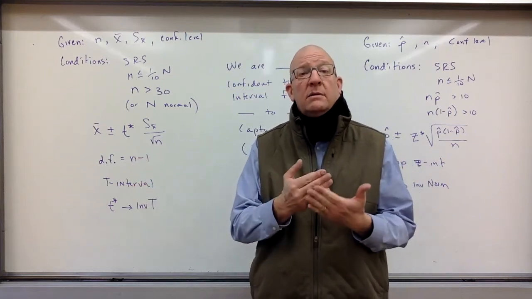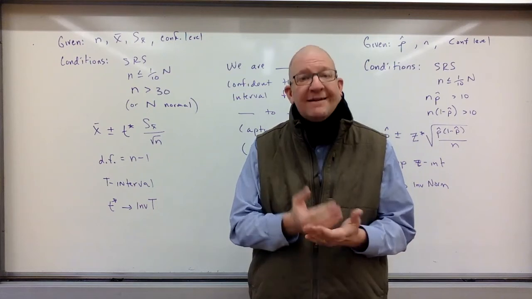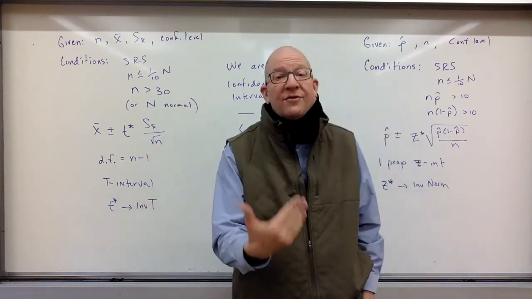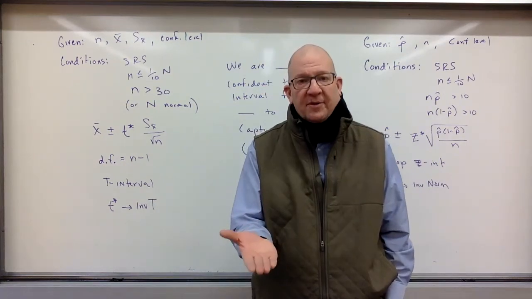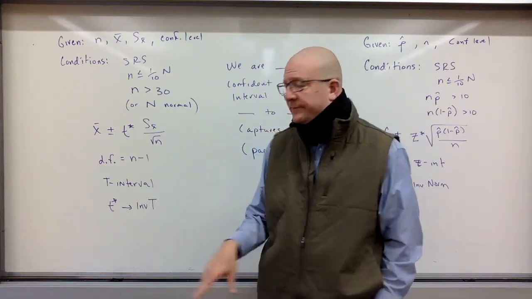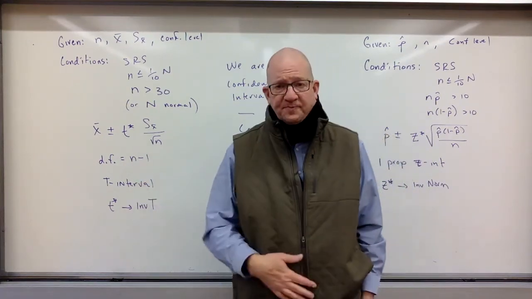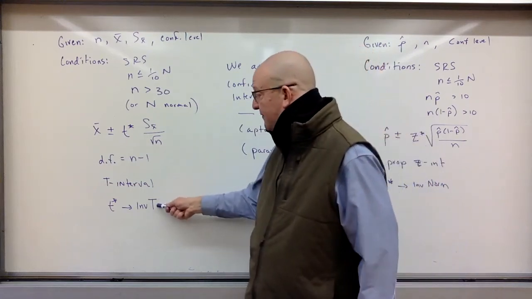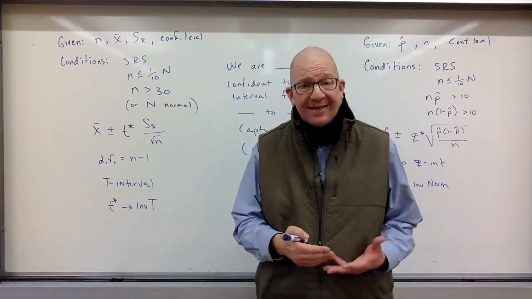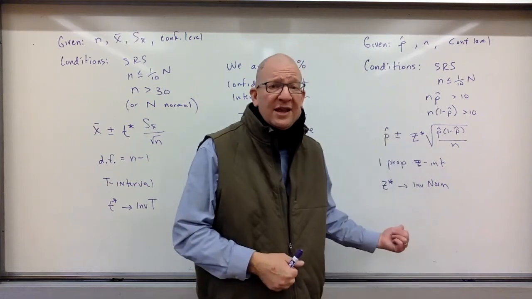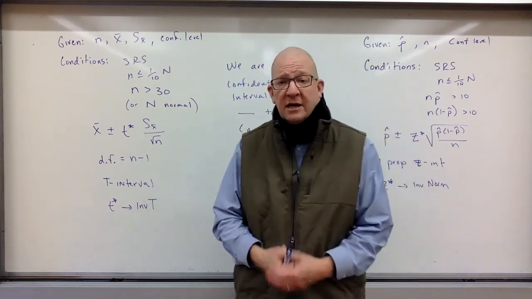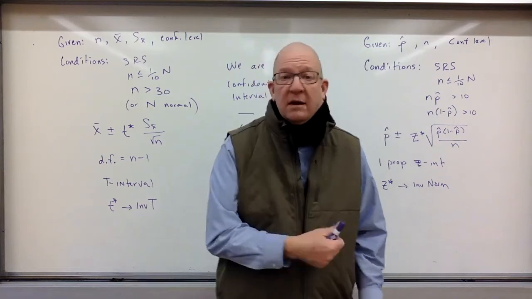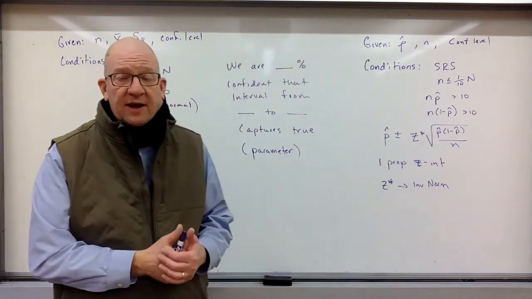We use the confidence level and the degrees of freedom. And the degrees of freedom is another way of saying deal with sample size. Okay, so that's what that becomes. And you can use the inverse t on the calculator to get the t star, just like we use the inverse norm to get the z star. And then the t interval gives us our interval, which we then use in our concluding statement.